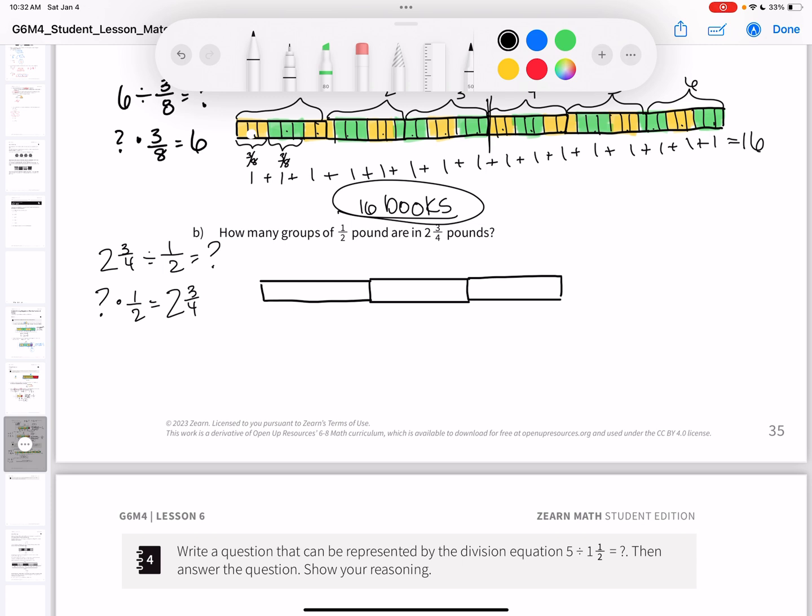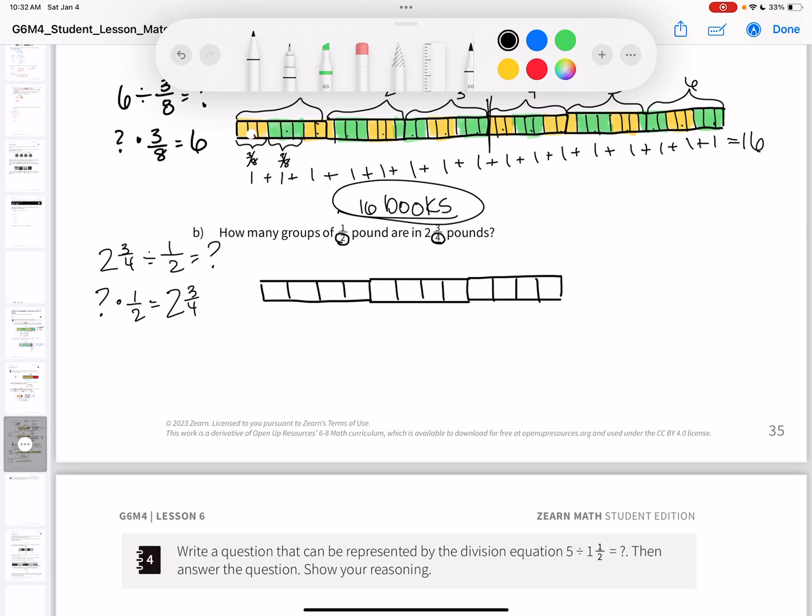All right, so there's my 3. And I have to do 1/2 and 3/4. So I'm going to break this into fourths because it's just easier to do it that way, okay? So here we go. We have 1/4, 1/4, 1/4.